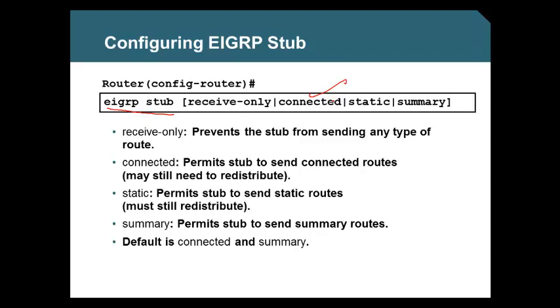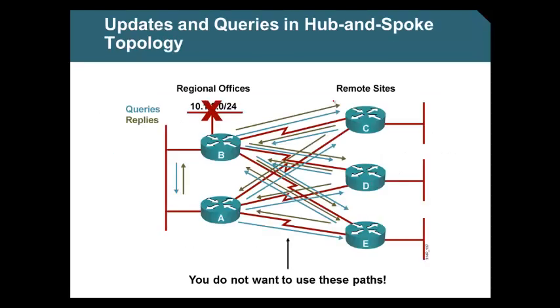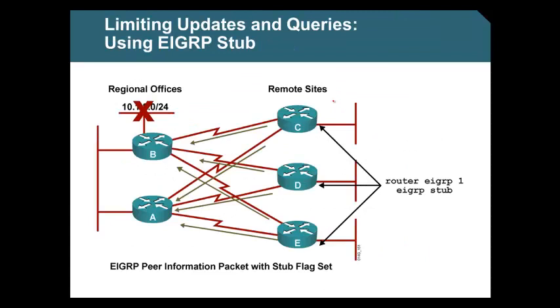Where can I use EIGRP stub connected? If you have a router which is not truly connected to anyone here, or it may be connected to a LAN, that's all. It is not connected to any router.